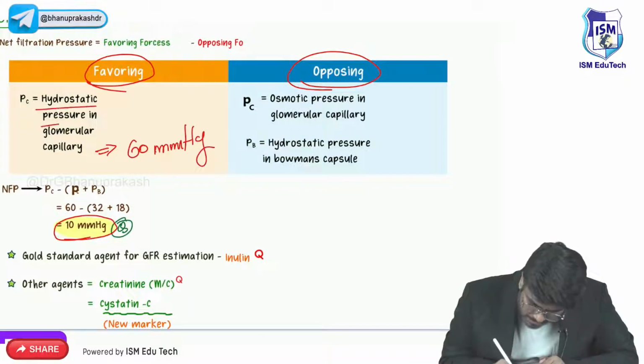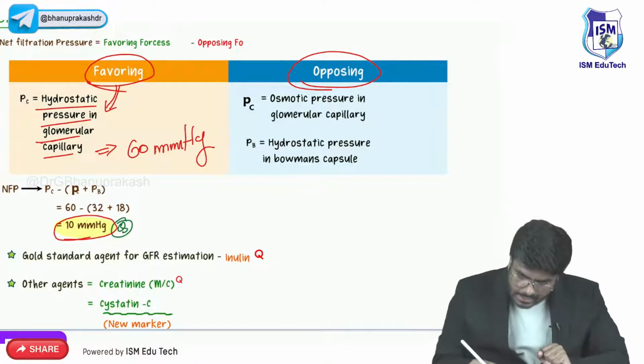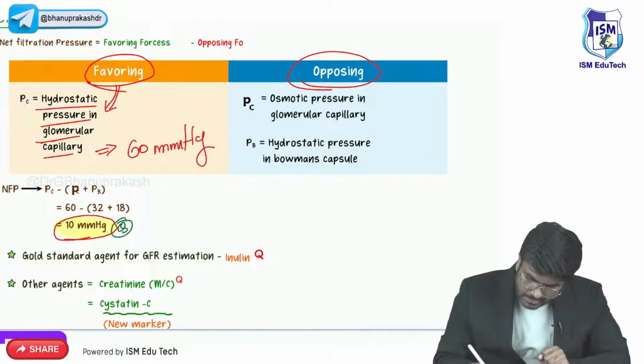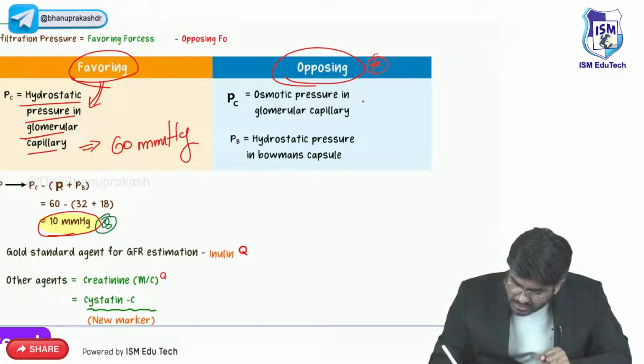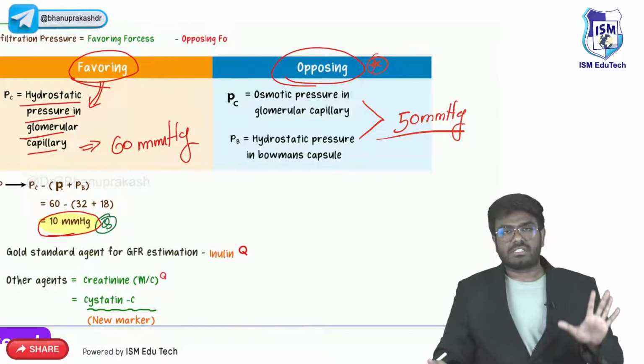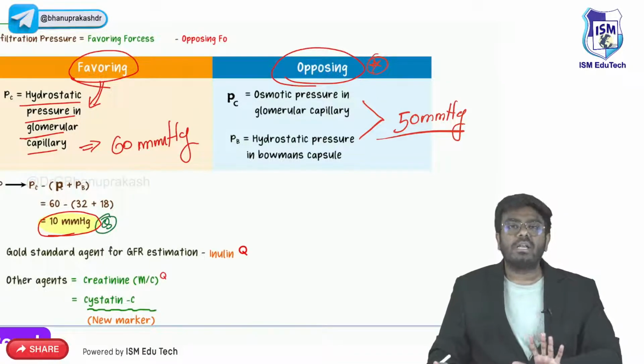That's the hydrostatic pressure in the glomerular capillary, a favoring pressure. It helps in the glomerular filtration. But the opposing pressures, if you add them, will be 50 mmHg.